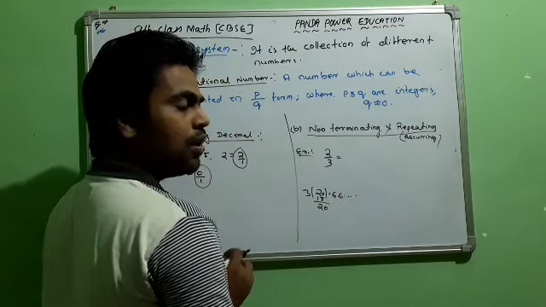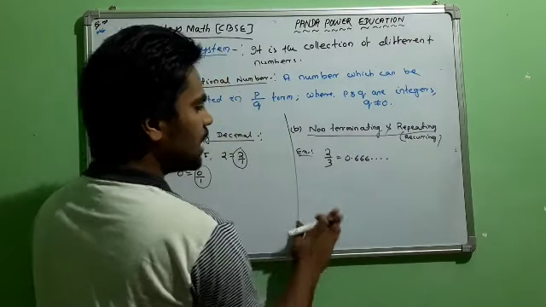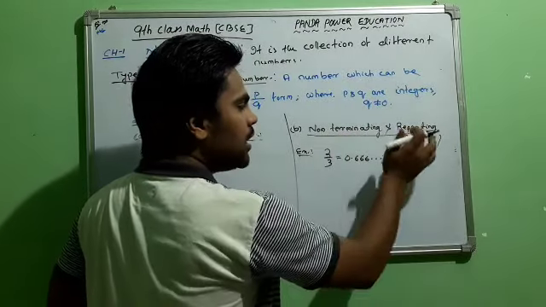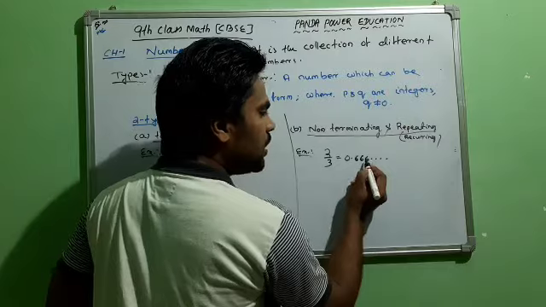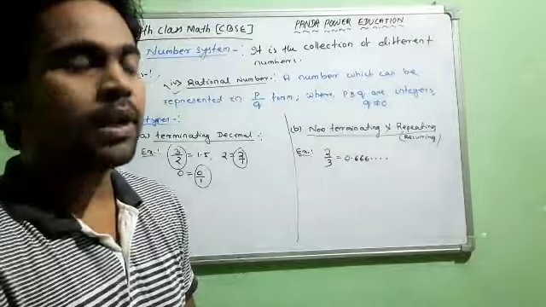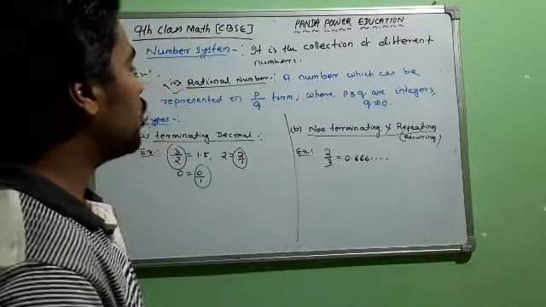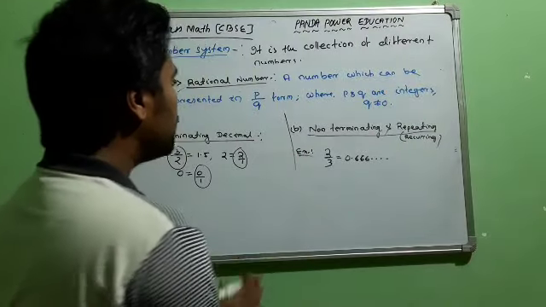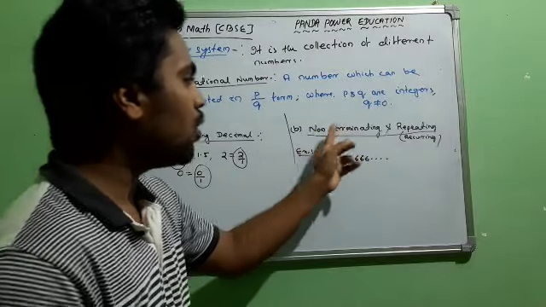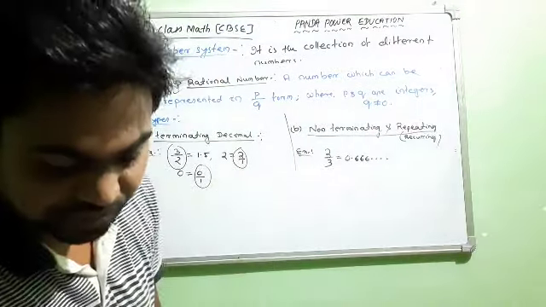This 6 will never stop, so the value never terminates, that means non-terminating, and repeating also, so it is called non-terminating and repeating or recurring. That type of number is also a rational number. So rational numbers are of two types: one is terminating, another is non-terminating and repeating. Very, very important in your number system.